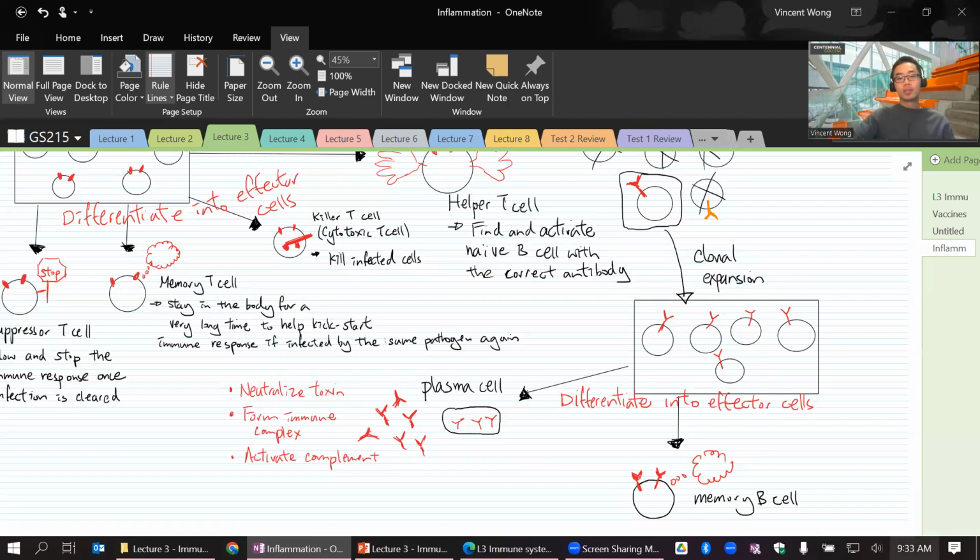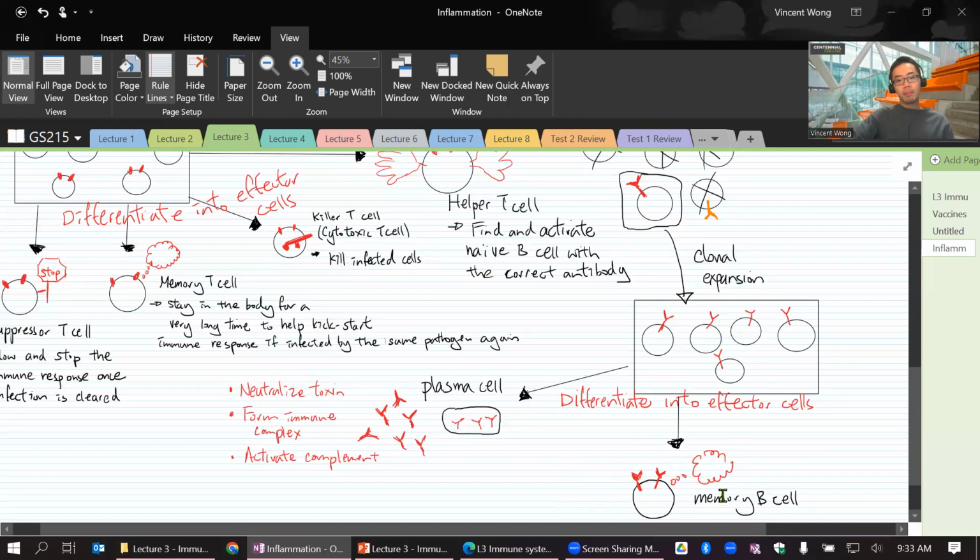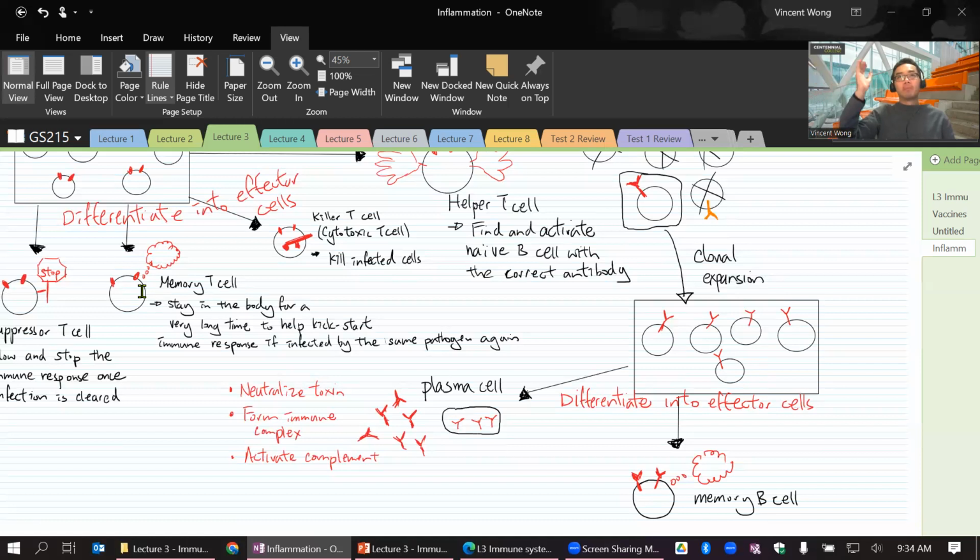So not only do you need the memory B cell to immediately make the antibodies, but the memory T cell would ramp up the whole thing, almost like an overreaction, to make sure that whatever is infecting you the second time is not going to be able to spread in the body.